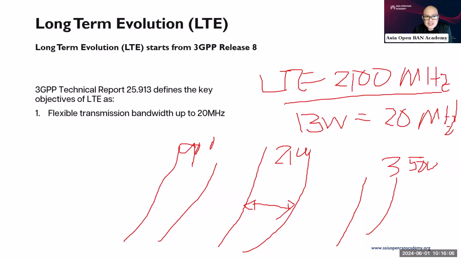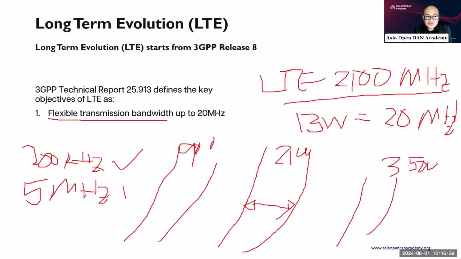But in terms of LTE, you will hear the term flexible transmission bandwidth. For 2G, the carrier bandwidth is 200 kilohertz. For 3G, it's 5 megahertz, so it's a fixed bandwidth per channel.